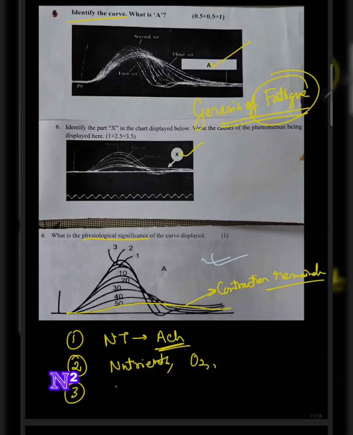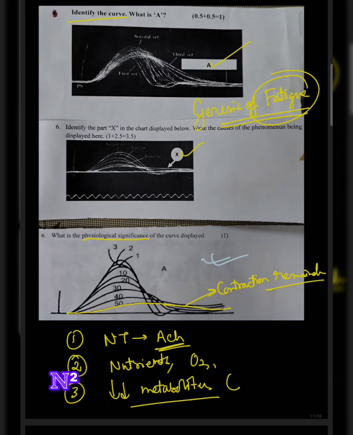The third factor is there should be a small amount of metabolites, that is the waste products after a cell does its activity or work. Every cell in our body, after doing work, emits some metabolites which have to be taken out from the tissues in order to work properly. So these are the factors which need to be present. If these factors are not satisfied, then we will get a time when the muscle ceases to do work. At that particular point it achieves the fatigue point.